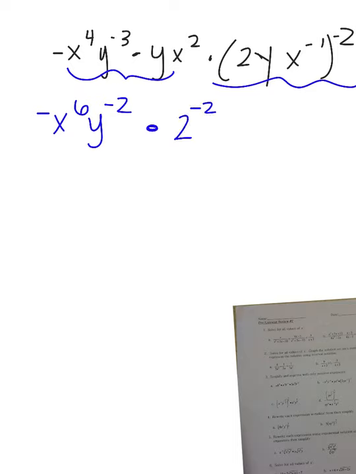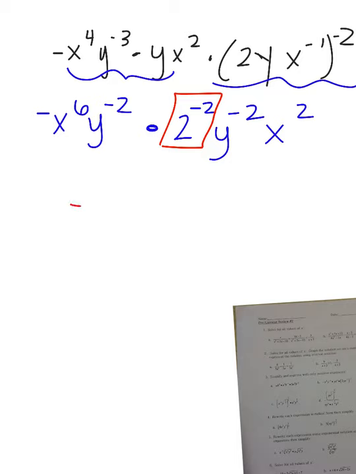Actually, let's take care of this, and then we'll do this separately. So I have negative x to the 6, and y to the negative 2. And then over here I'm going to get 2 to the negative 2, y to the negative 2, x to the positive 2.